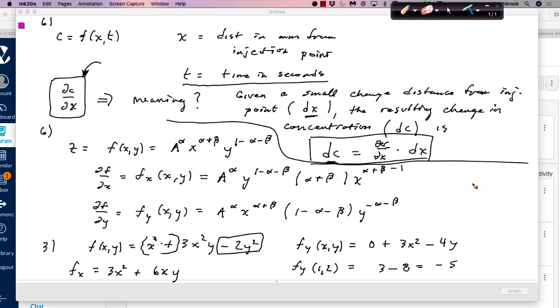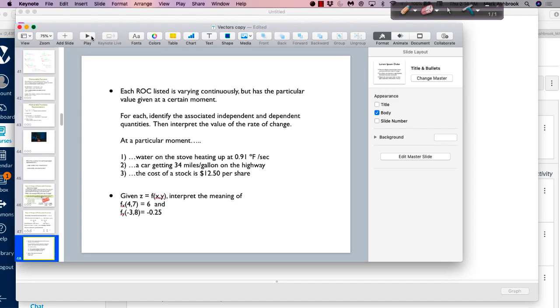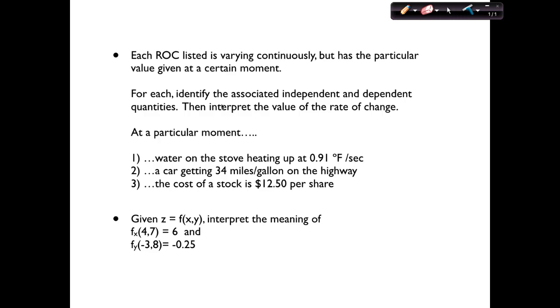Okay, other questions before the quiz? Okay, so I gave you 3 rates of change here. We're going to practice outside of the multivariable situation, with easier situations that are just single variable rates of change.